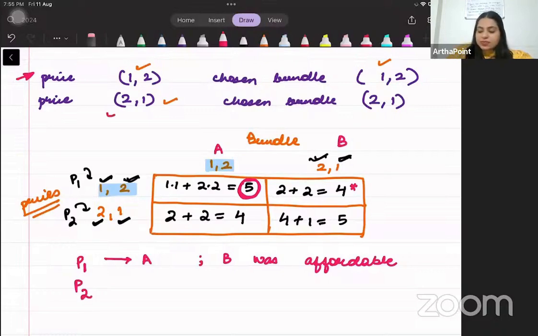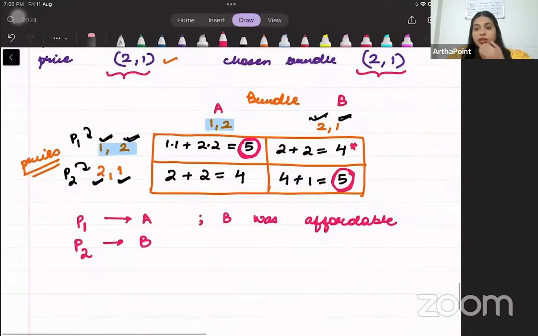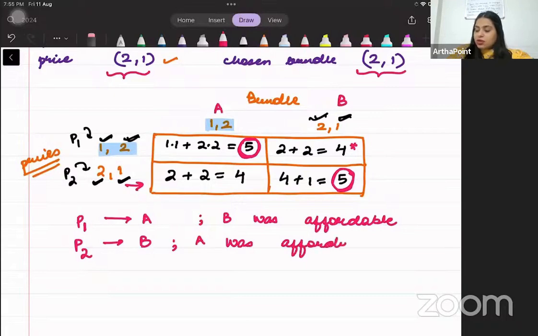When the price bundle is this, you are choosing this bundle, 2,1. So you are choosing B. But when you chose B, A at these prices was costing you only 4. So A was affordable. So you will mark a star here.